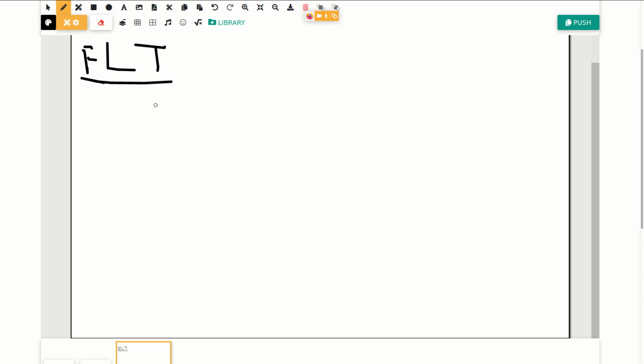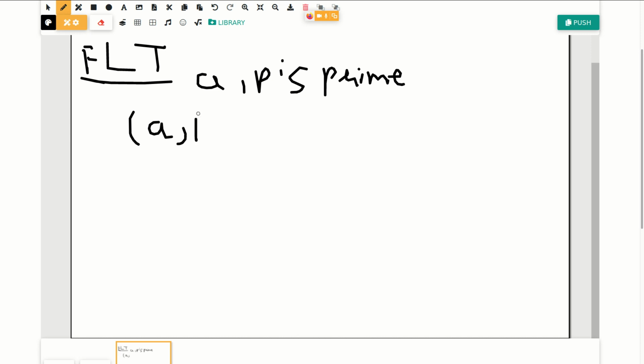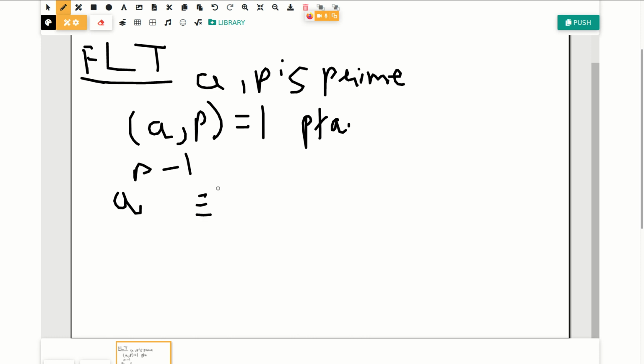If A is a number and P is a prime, and the condition is A and P are also co-prime, so P does not divide A, then A to the power P minus 1 is always equal to 1 mod P.